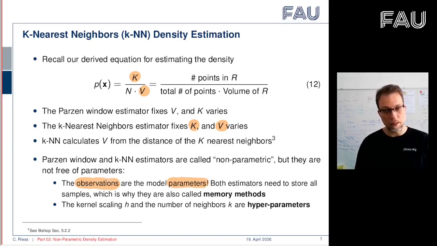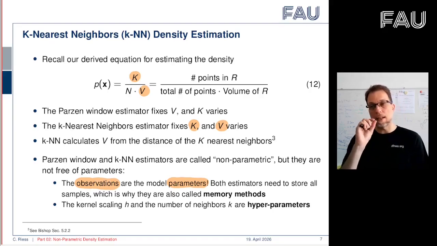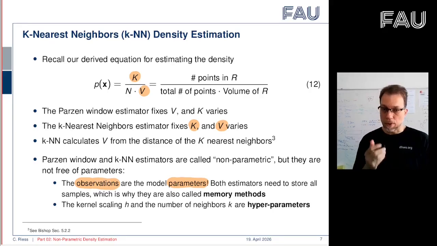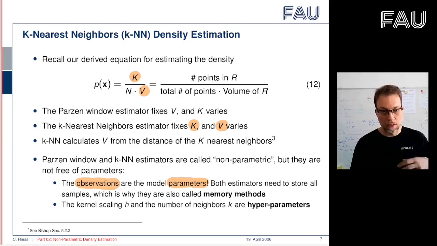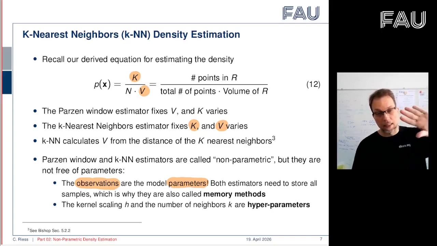In order to say the density at point x is so and so, both estimators need to store all inputs, all samples. So all training data needs to be stored. And then we need to go through them in order to find either the k nearest neighbors or those samples that fall within the Parzen window.